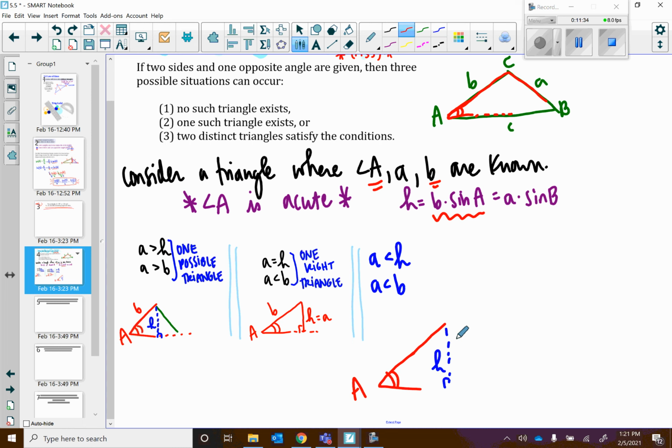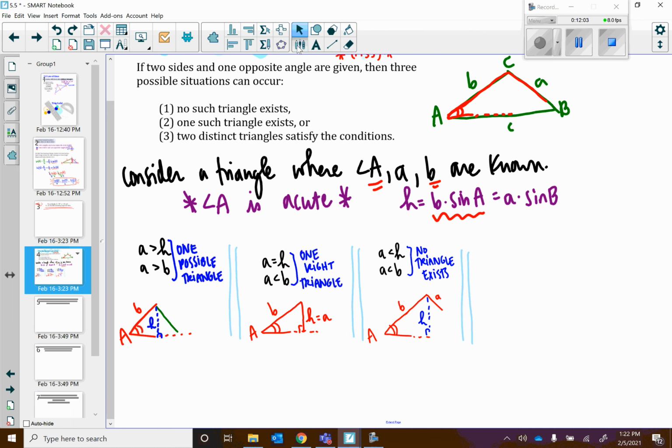Well, if side A has to be shorter than this side B and shorter than this height, well, A, let's say, could be like this, and what do we notice? Is that going to work? No. This is a situation where no triangle exists. I can't make some triangle out of this scenario.